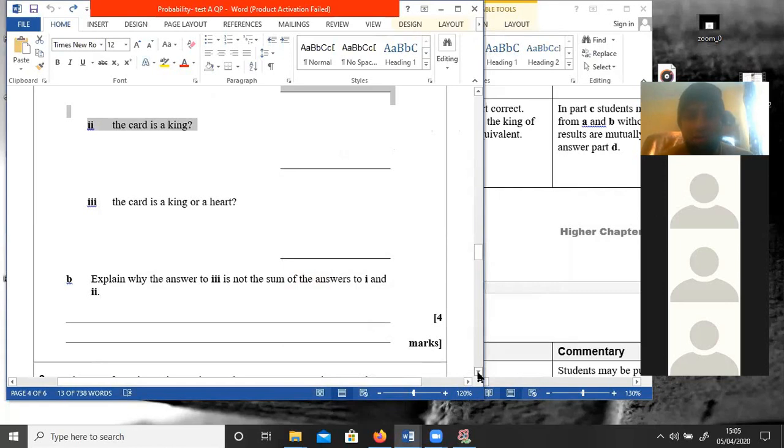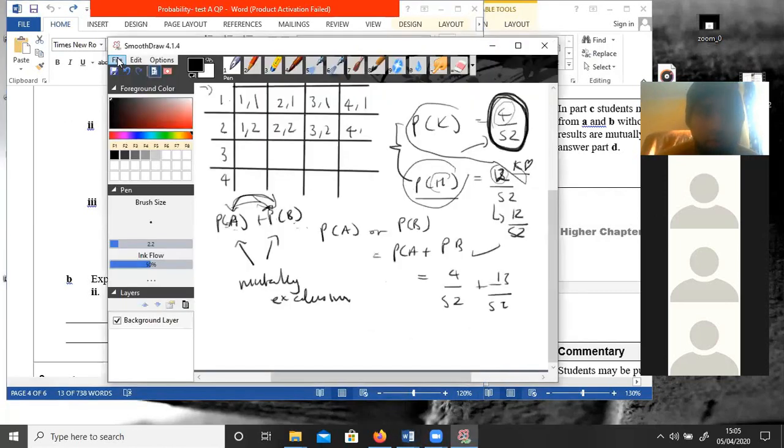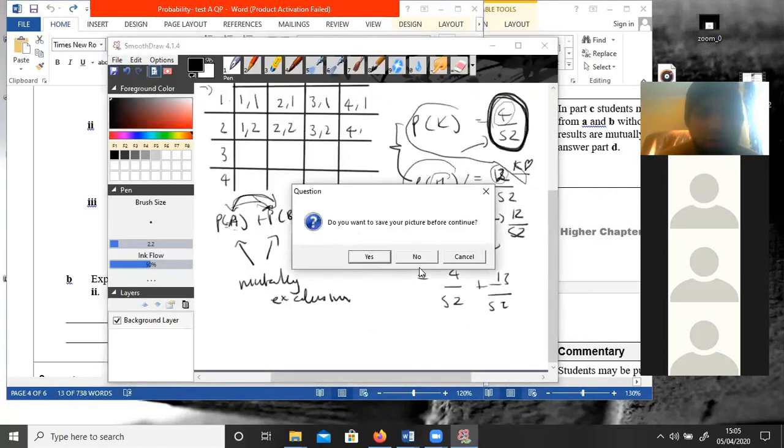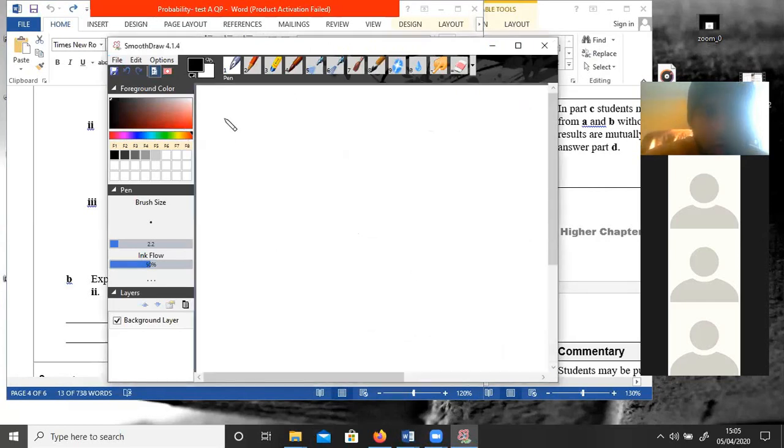So all you've got to remember is this rule here. Let me just remind you of the rule from last week: PA plus PB equals PA or B. If you want to find out the probability of A or B happening, you can add them together if A and B are mutually exclusive.